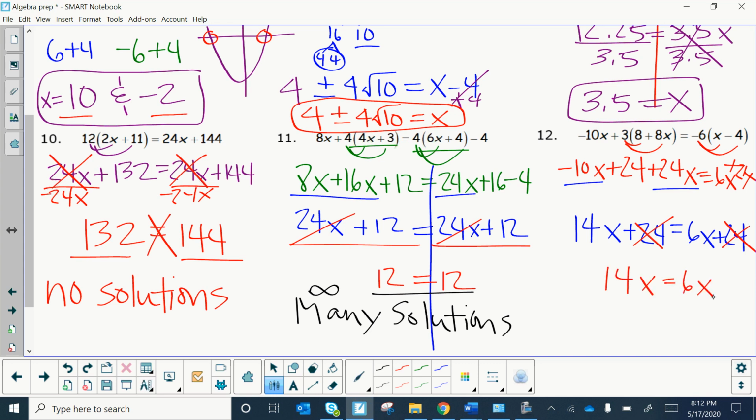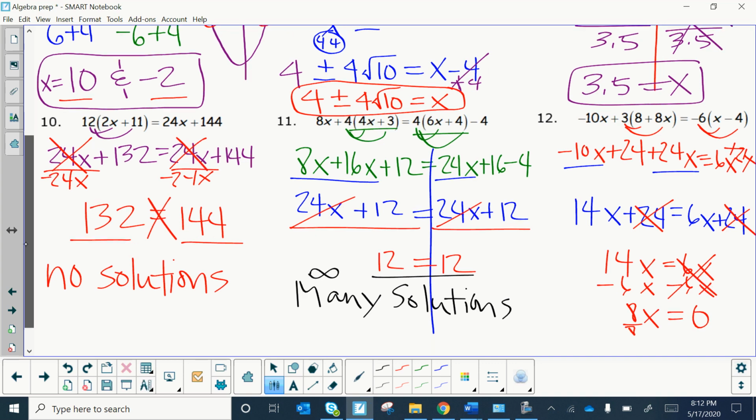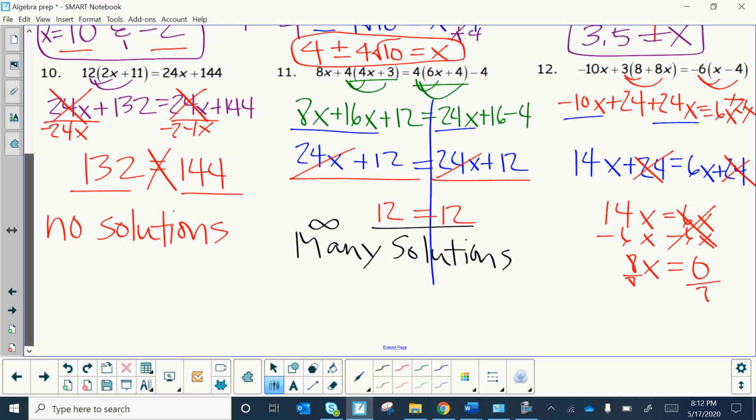Now those don't equal, but we can still carry on, okay? So watch this. I can subtract 6x from both sides. I get 8x equals what? What's 6x minus 6x? 0. And so then if I divide by 8, I divide by 8. X equals what's 0 divided by 8?